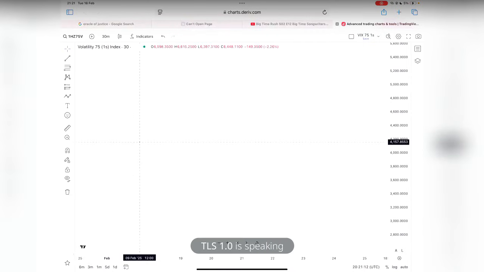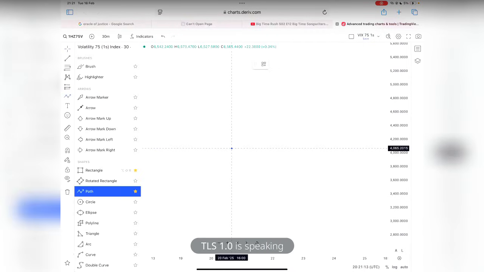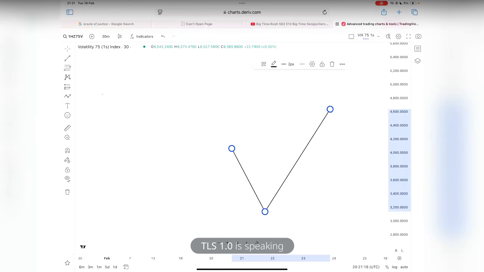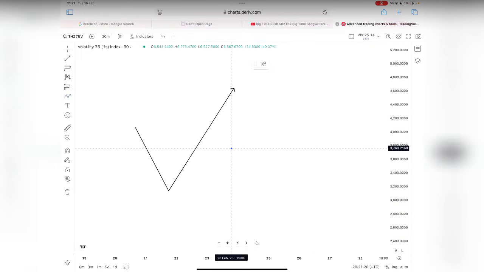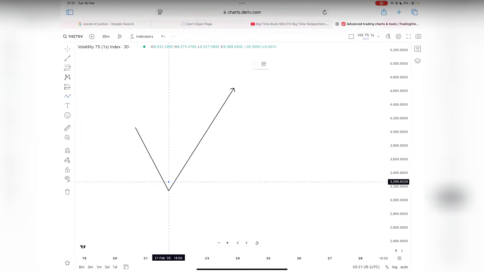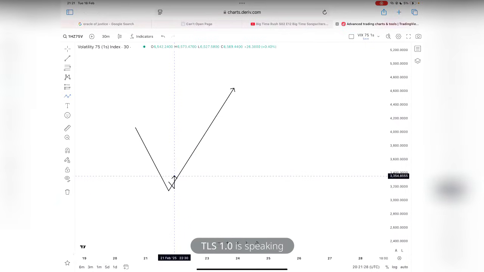So yeah, I was saying that every other structure you find inside this 4 hour structure here is called an internal structure.